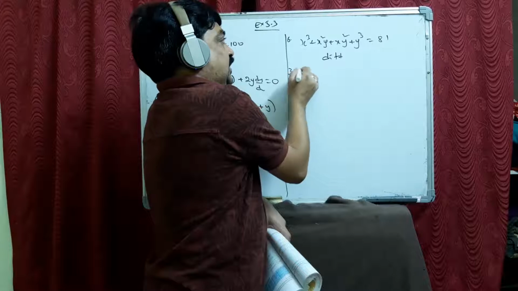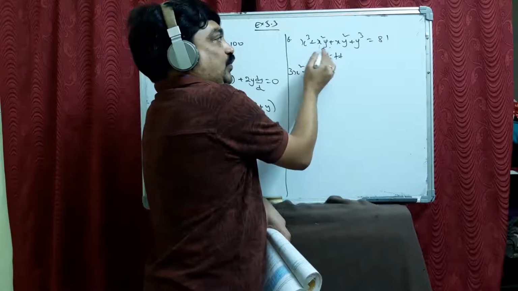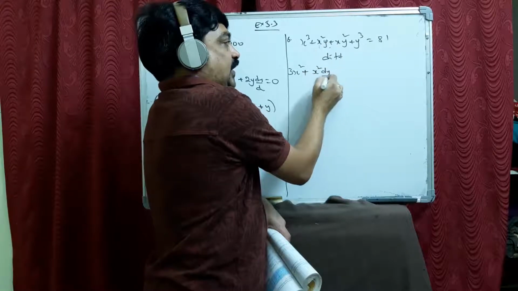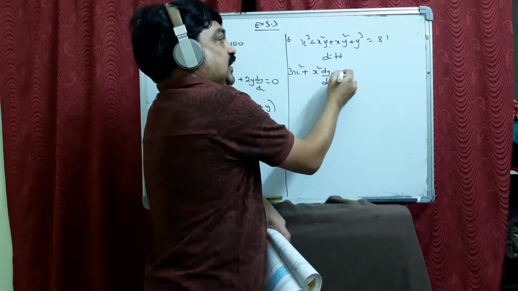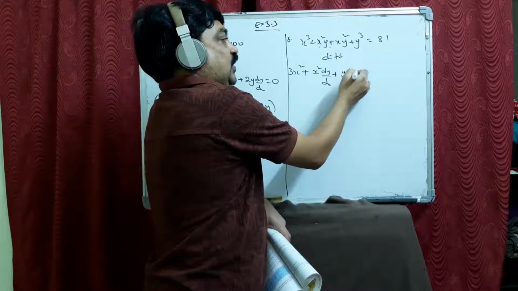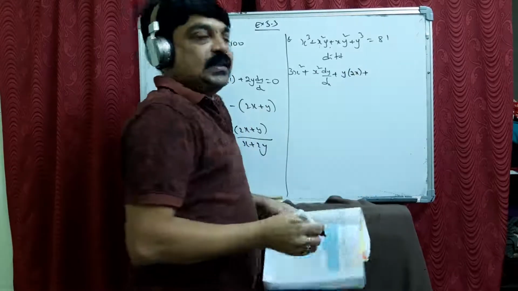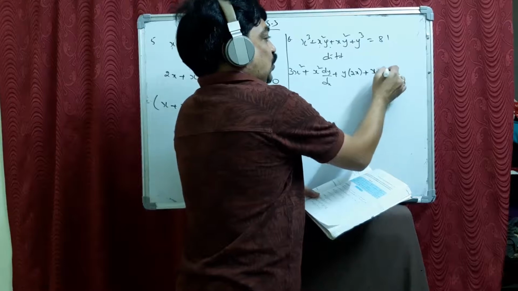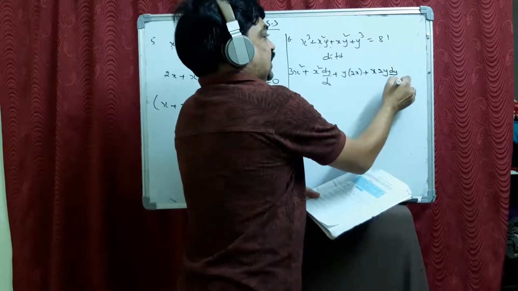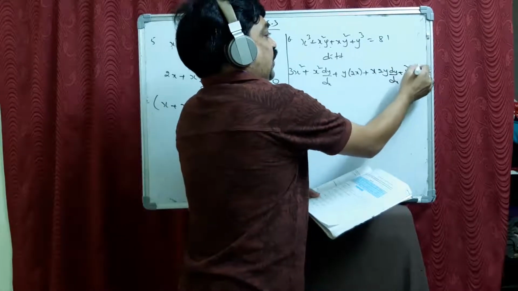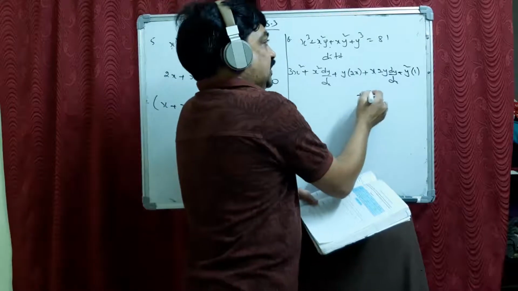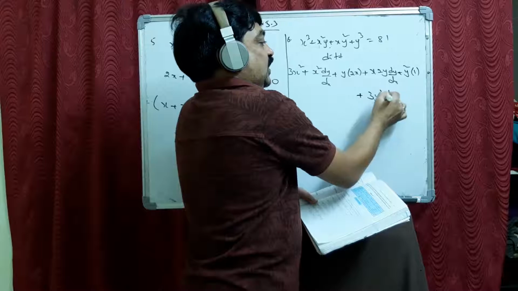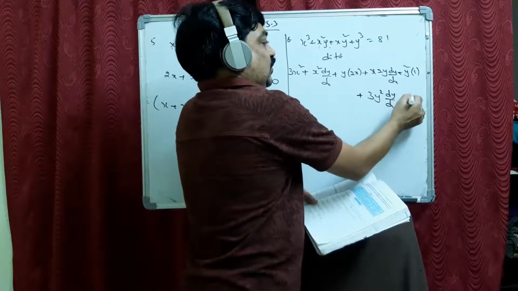It becomes 3x square, then uv: x square into the derivative of y, dy by dx, plus y into the derivative of x square, 2x, plus here also uv: x into the derivative of y square, 2y dy by dx, plus y square into the derivative of x, which is 1, plus the derivative of y cube, 3y square dy by dx, is equal to 0.